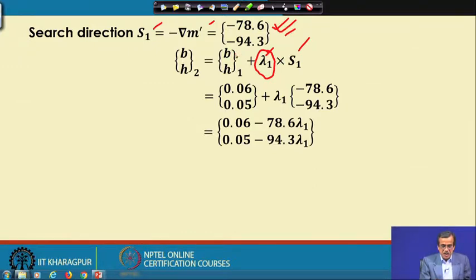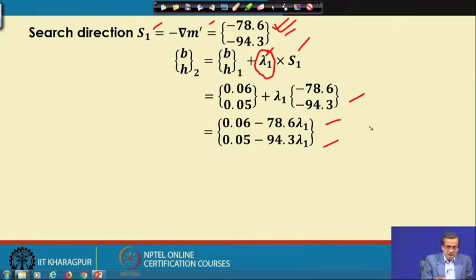Now, to determine the optimal value of lambda 1, we substitute the values of B and H. BH1 is 0.06, 0.05 plus lambda 1 into S1, where S1 is nothing but this. We substitute, and if you simplify, you will be getting this particular expression.